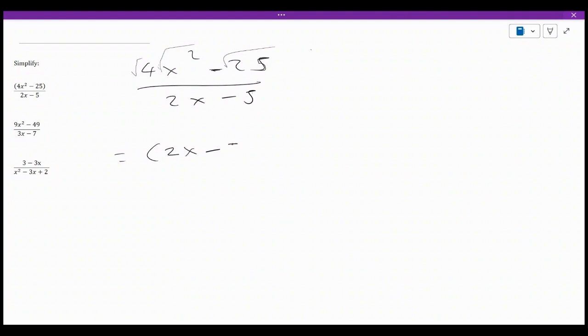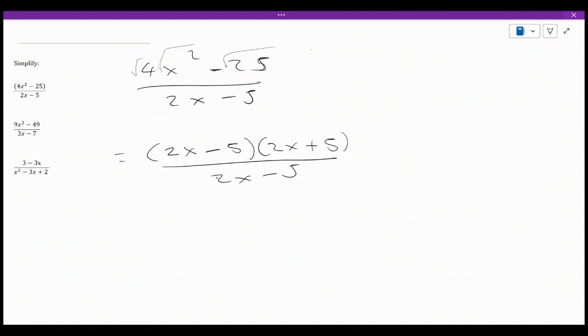Square root of 25 is 5. Now on the second bracket, same terms, 2x, but now we have to put a positive. Why? Because a negative and a positive leads us back to the negative, right? And then we put a 5 again on this side, and then we have 2x minus 5.